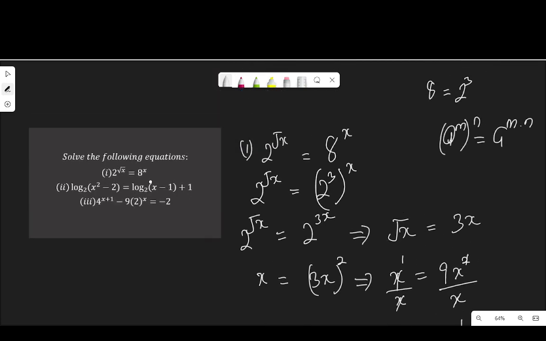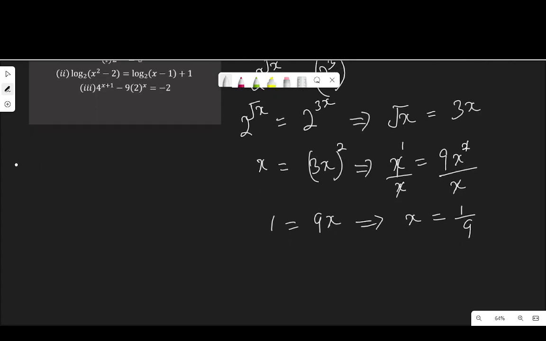And let's go on to question 2, which says log x squared minus 2 to base 2 is equal to log x minus 1 to base 2 plus 1. Let's do that here.